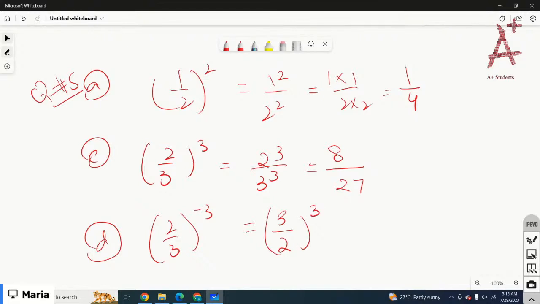That's how the exponent can be positive, right? If you are given a fraction with a negative exponent, you can make the exponent positive just by reciprocating the fraction. So it would be 3 times 3 times 3 is 27, 2 times 2 times 2 is 8, so it would be 27 over 8.